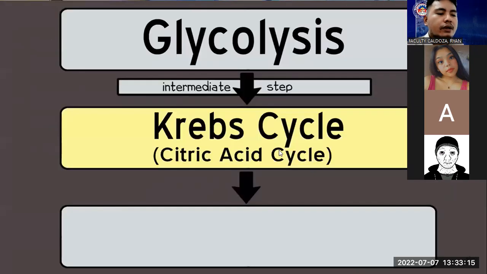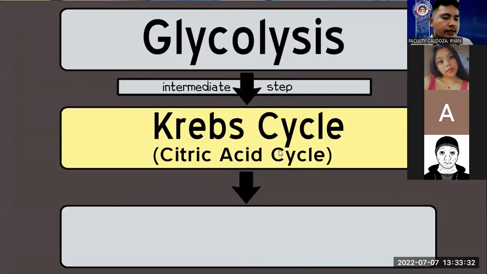Depende sa lokasyon. Next is what we call the Krebs cycle. Ngayon, sa Krebs cycle, it is also part of the cellular respiration wherein tinatawag din siya as citric acid cycle.